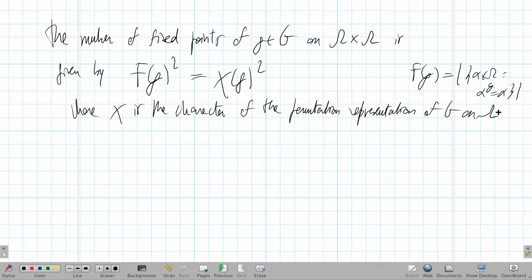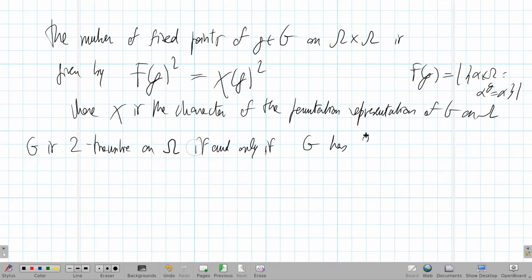So recall, we had that G is 2-transitive on omega if and only if G has two orbits on omega times omega.